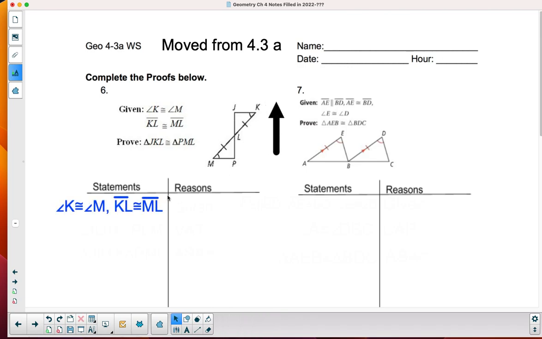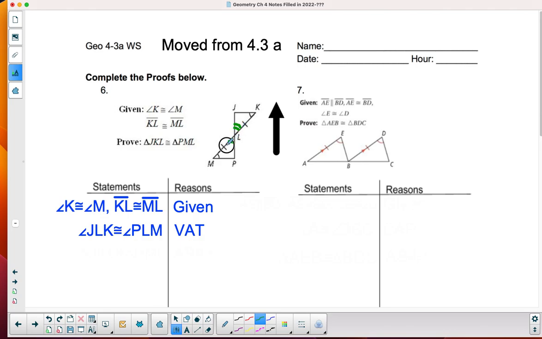So we've got our given and we've got the vertical angle theorem. Once I get those marked, I've got these two vertical angles, and since they are the second angles, I will mark them with 2 arc marks apiece. And I've got single arcs here for the singles. I've got angle, side, angle for my 2 triangles. So I have already proved this statement, and I did it by angle side angle.